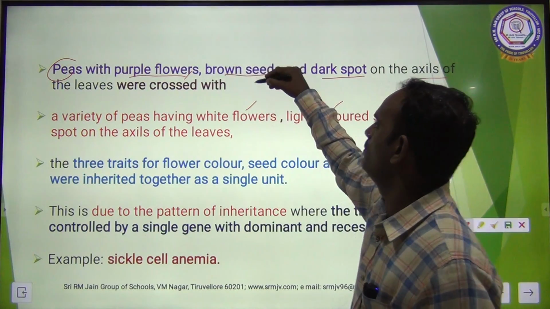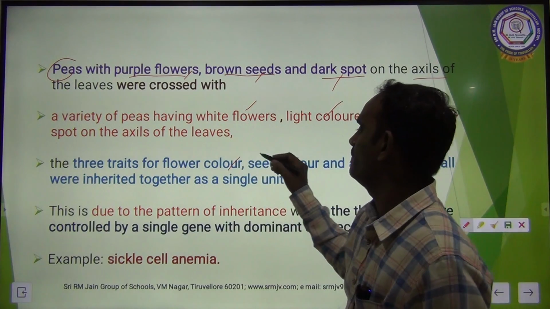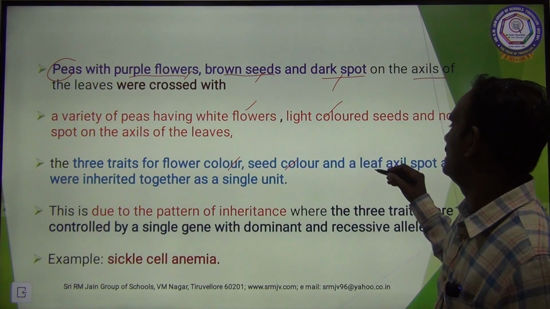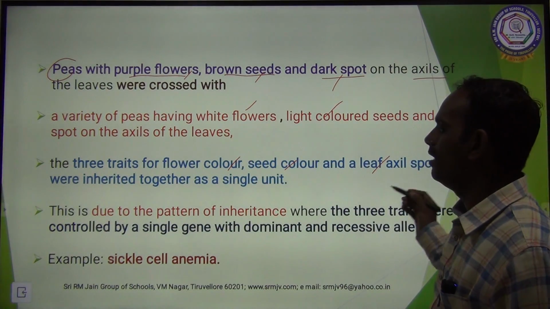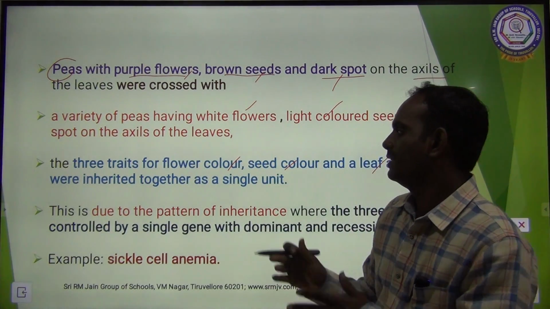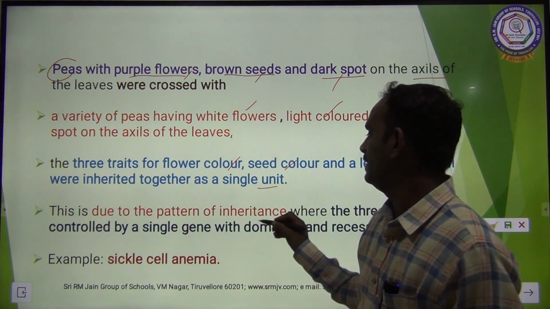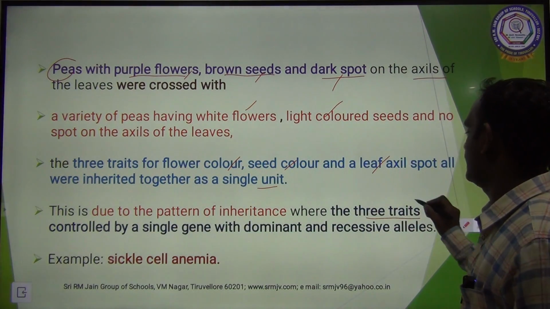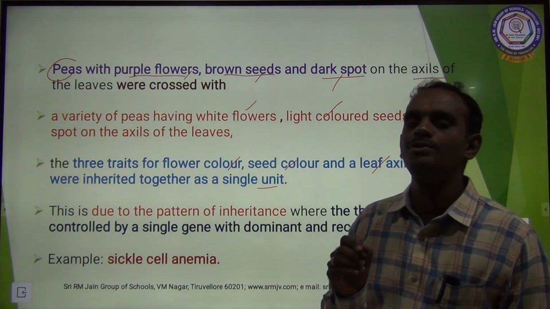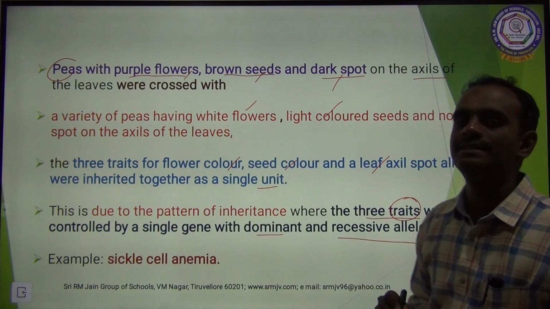Purple flower, brown seeds and dark spot. The three traits, flower color, seed color and leaf axil spot, were all integrated together and crossed as a single unit. This is due to the pattern of inheritance where the three traits were controlled by a single gene with dominant and recessive alleles.